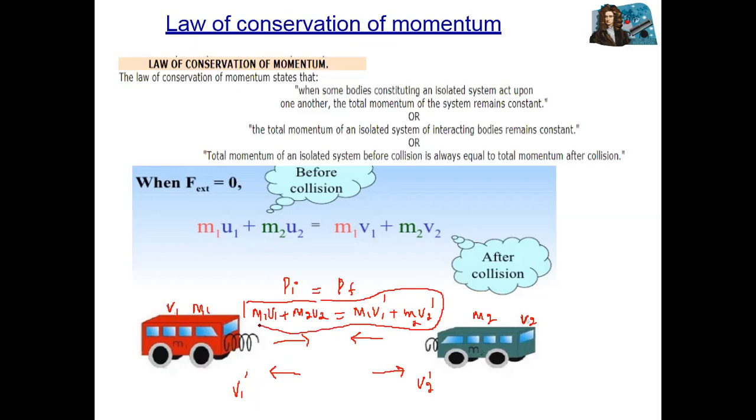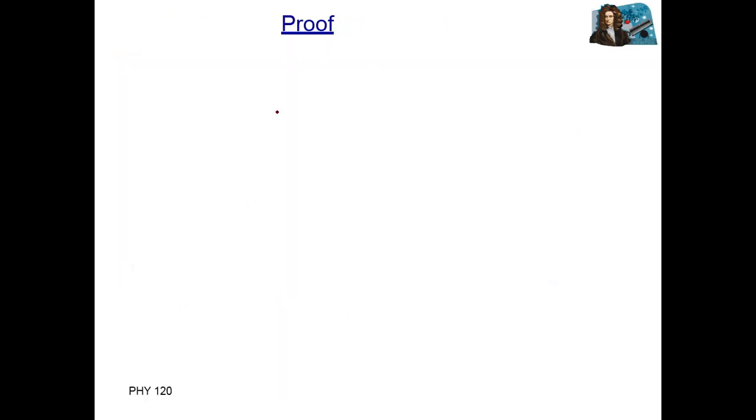How can we prove this? We can prove it with the help of Newton's third law. For example, if we consider two masses, mass number 1 moving with velocity v1 and mass number 2 moving with velocity v2, they reach and collide with each other.